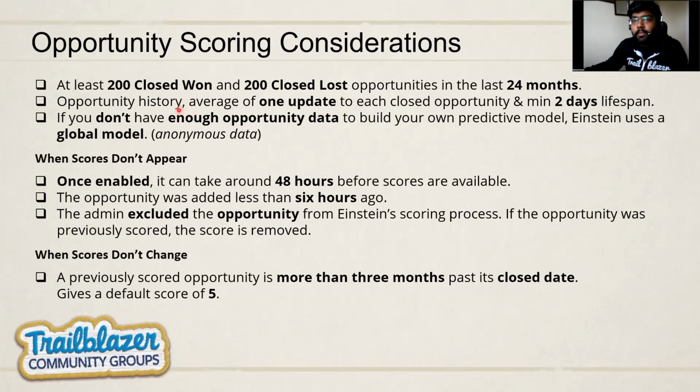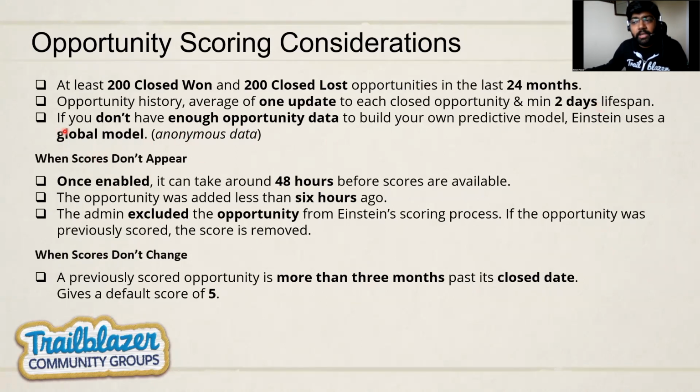So you should have that history information in your opportunity, with at least one update in 2 days, and a lifespan of at least 2 days. It should not be so fast that on the same day it had all the stages completed, because then Salesforce will not be able to consider that opportunity for the prediction.